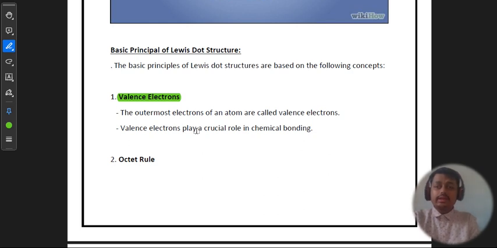The outermost electrons of an atom are called valence shell electrons. Suppose we have sodium. Sodium has an electronic configuration of 2, 8, 1.